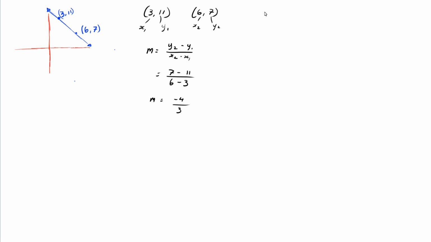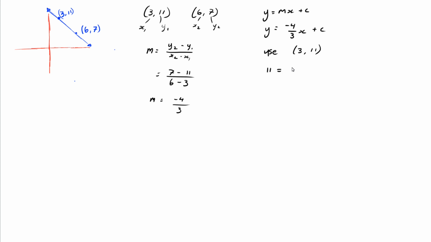Now your next step, because we know we've got mx plus c, just replace the m with what you've just found, minus 4 on 3 x plus c. Then we need to use one of the points, and it doesn't matter which one you use because it'll get you the same answer. I'm going to use the first one. So x is going to be replaced with a 3, y is going to be replaced with 11.